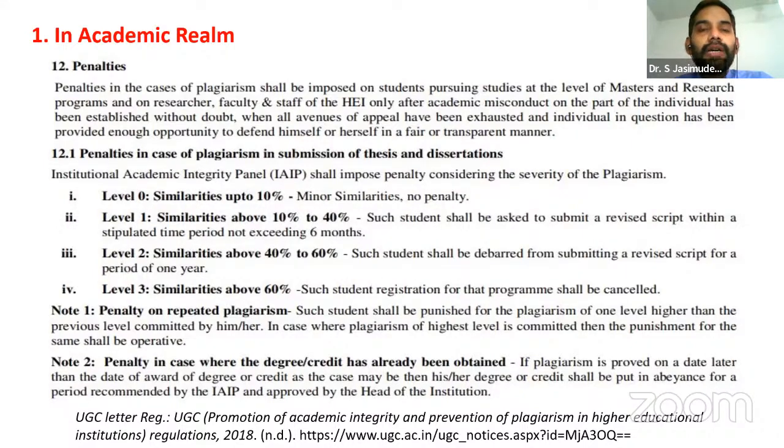My university, Mahatma Gandhi University, allows 25% similarity. But one of the famous universities in Kerala, often referred to as the Mother University, Kerala University, allows only 10%. And Calicut University, another university in Kerala, allows chapter-wise similarity. So up to 10% similarity, no penalty.